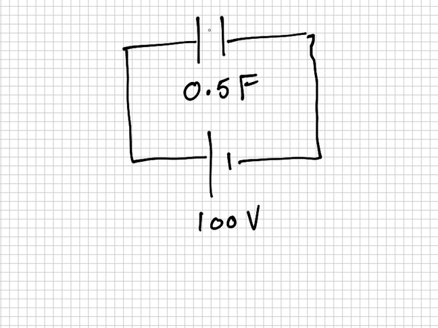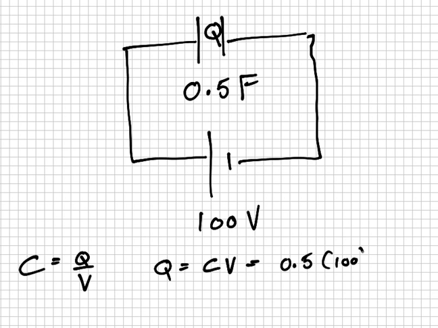So I would like to know what's the charge that I get inside the capacitor. So the only formula I have so far is this: C equals Q over V. So what does Q equal? CV, which is 0.5 times 100, which is 50 coulombs of charge.